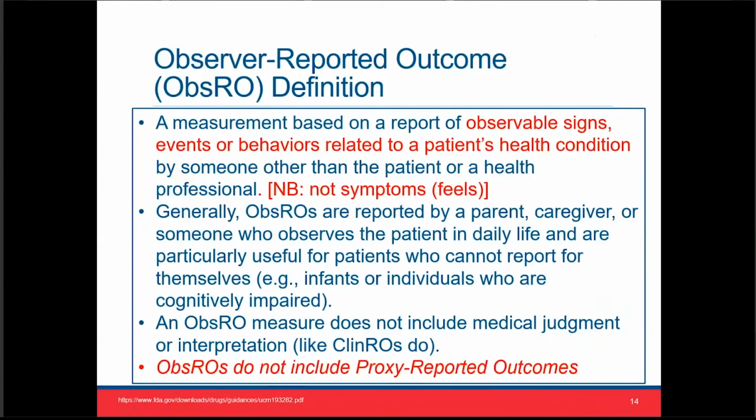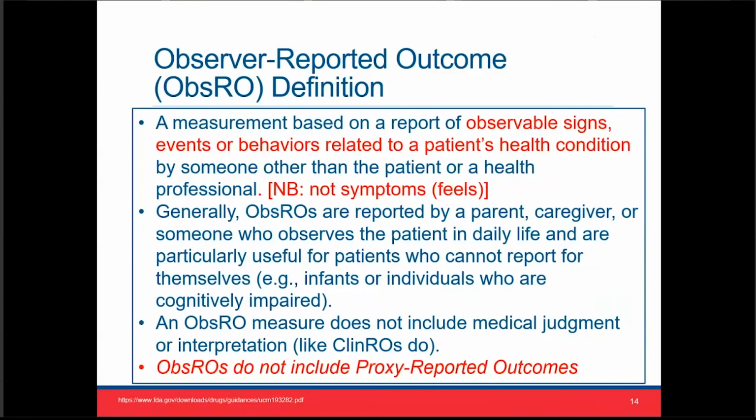But they could be exactly the same as the observer-reported outcome assessment, but because they can also add this judgment or other impression to them, we put them in a separate category just for how to develop them in terms of the evidence needed to show that they're valid and reliable measures.